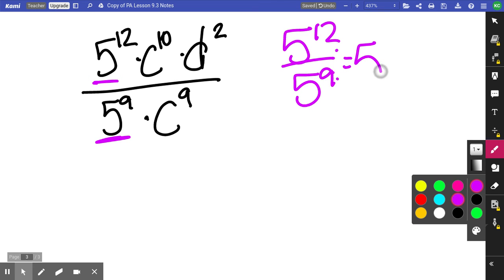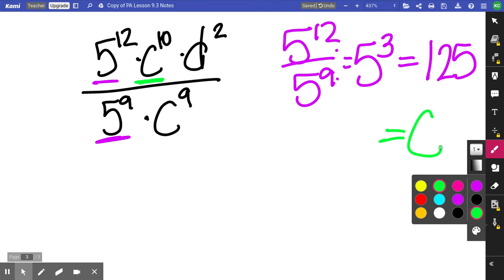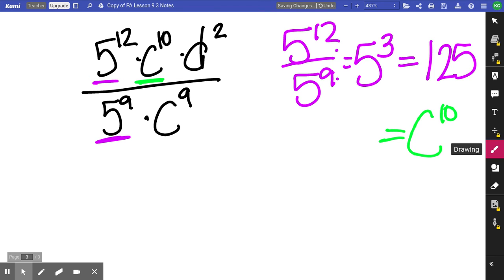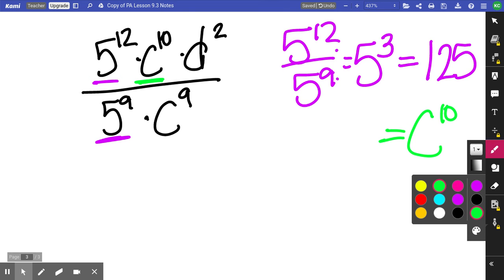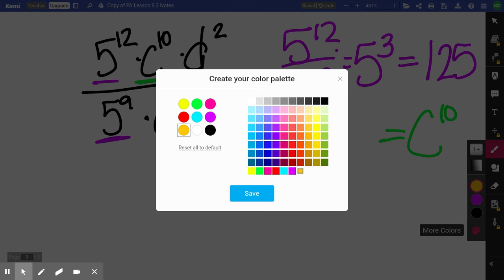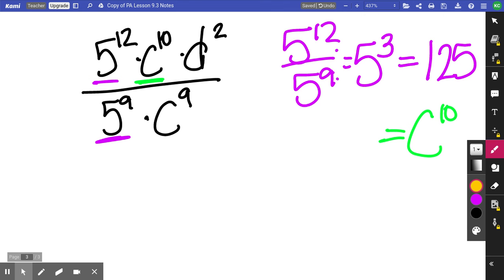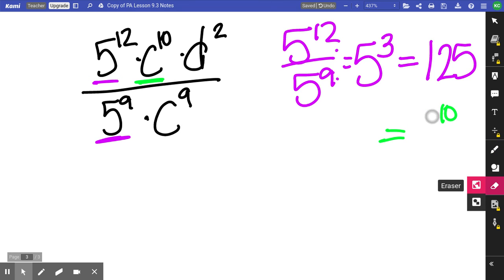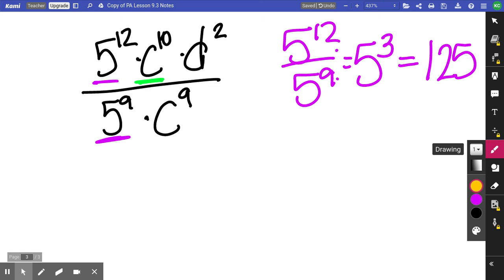12 minus 9 is going to give me 5 to the 3rd. If you remember from our last problem, 5 to the 3rd is 125. My next base I have is C. I don't have any like bases of C, so I'm going to say C to the 10th. That's not going to change. I'm so sorry. I do have a like base with C. So what happens whenever you get in a hurry, right?